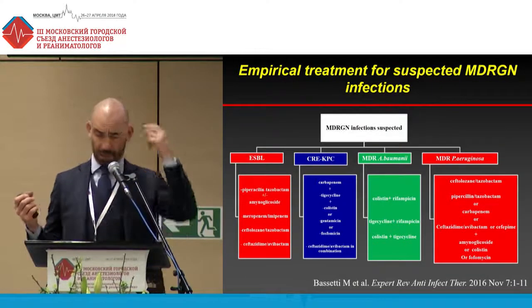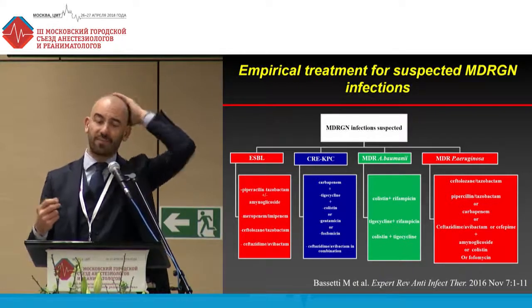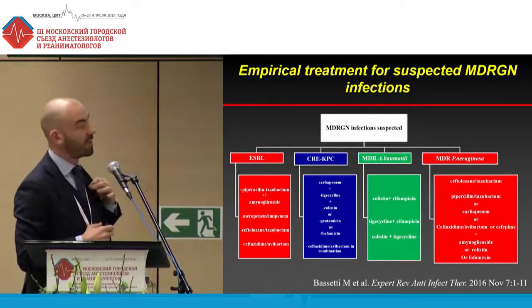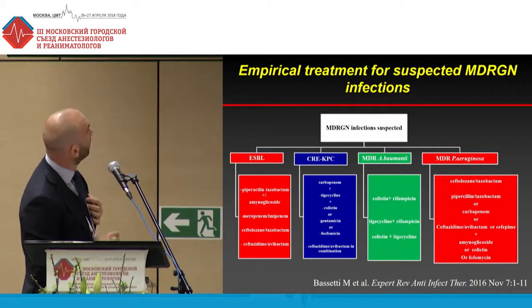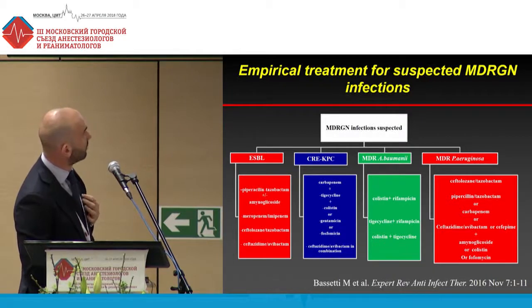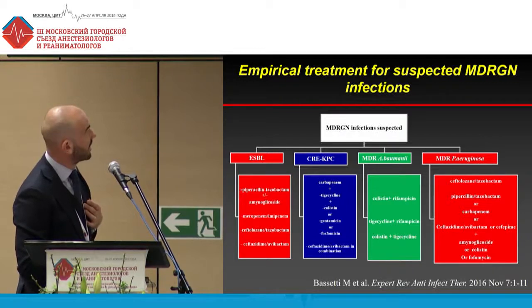So in conclusion, what do we know actually about empiric treatment of gram-negative infections? You can see very well that we have new options. For ESBL, ceftazidime-avibactam and ceftolozane-tazobactam. For CRE, KPC, and OXA, ceftazidime-avibactam in combination with a second agent.